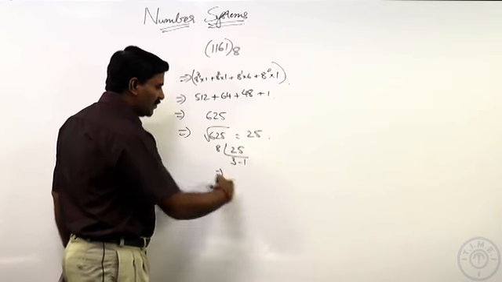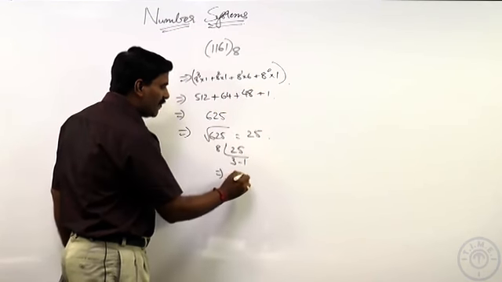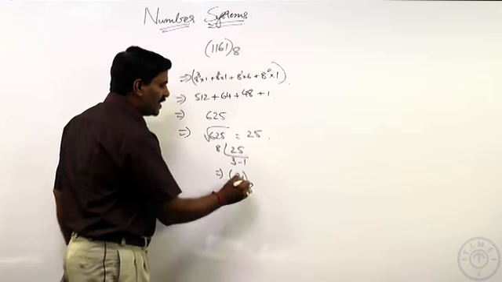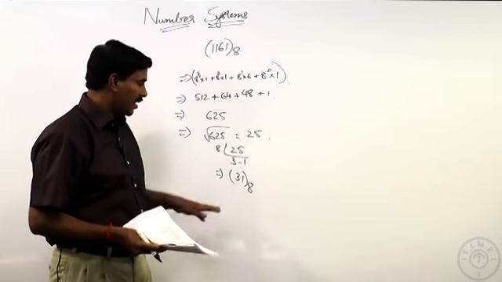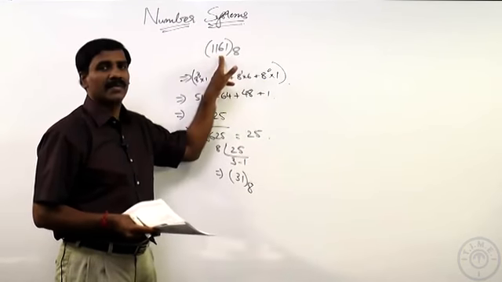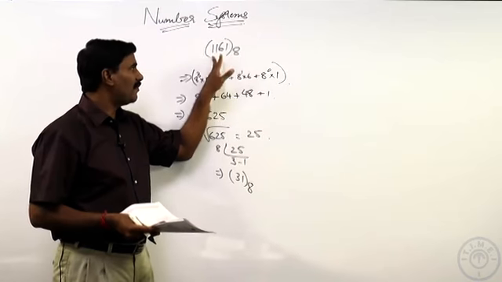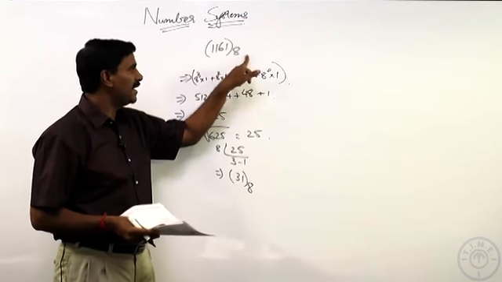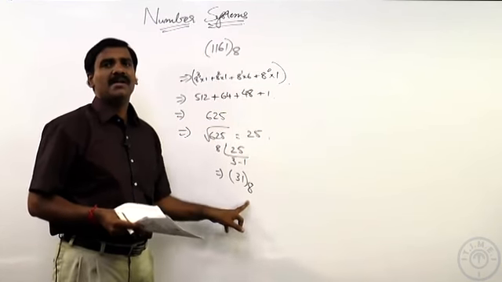We write it in reverse order, so it's 31 with base 8, as the square root of this particular number. So the square root of 1161 in base 8 is equal to 31 in base 8.